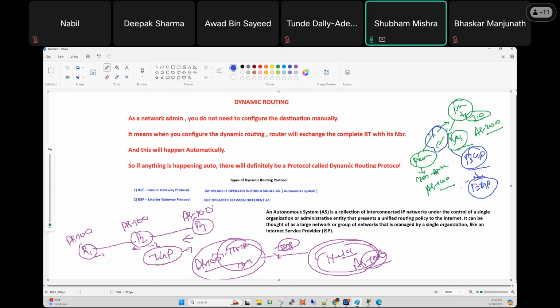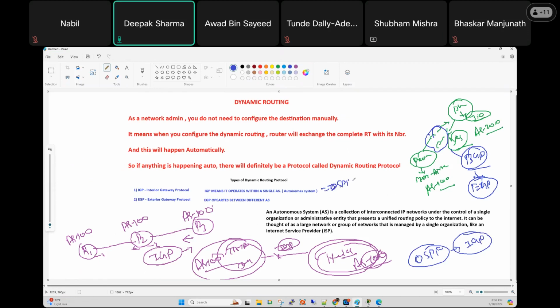Done. And OSPF is an example of an IGP protocol, and BGP is an example of an EGP. Done, everyone? I hope this is clear to all of you.